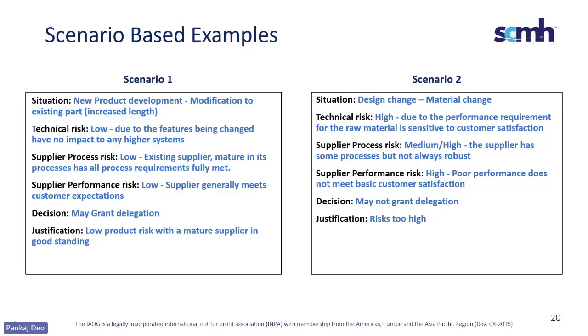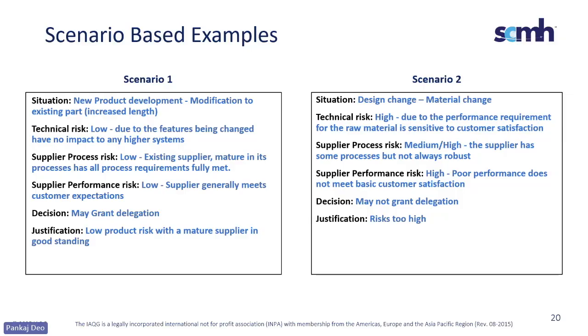As Brett showed us earlier, this all depends on the scenario, on a case-to-case basis, and the customer can make that decision by evaluating those risk factors and seeing how confident they are in that particular supplier and that particular product.